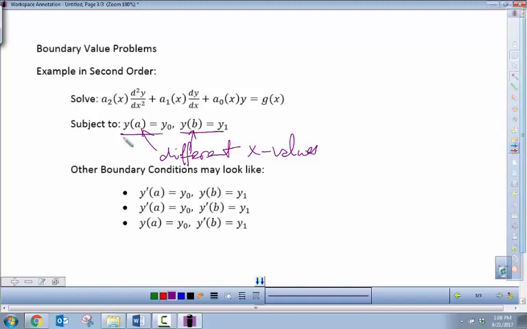Now, it'd be nice if they give you the different x values on the same function, but sometimes they give you the different x values on its derivatives, or on the function on one side and the derivative on the other side. So they have a lot of different scenarios here, and the boundary conditions might be a combination of functions, but they have to have different x values.